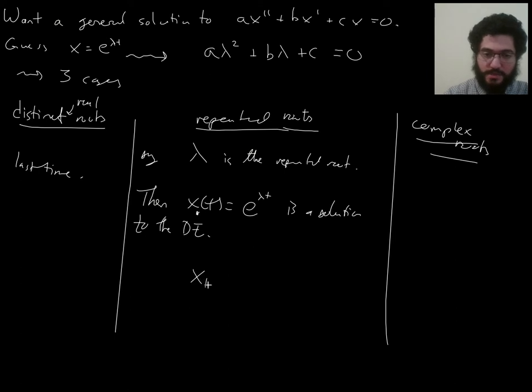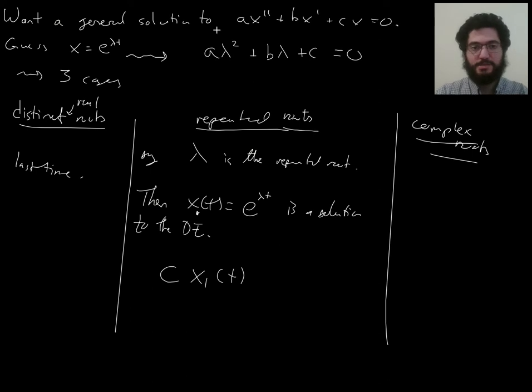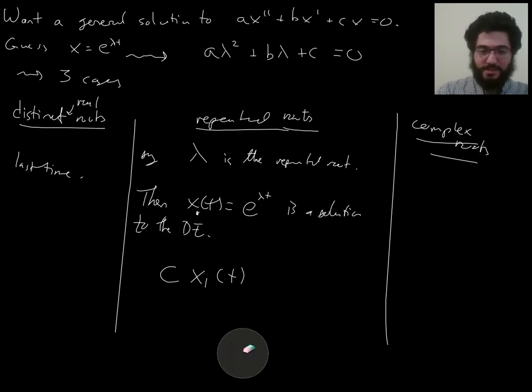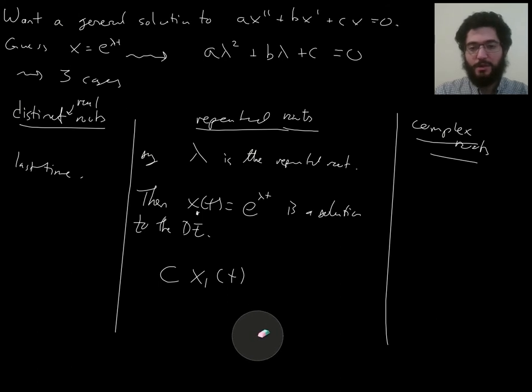Taking linear combinations of just x sub 1, like c times x sub 1 of t, would give you just a one-dimensional space of solutions to the original differential equation. And that is not enough for solving arbitrary initial value problems. So we need more.